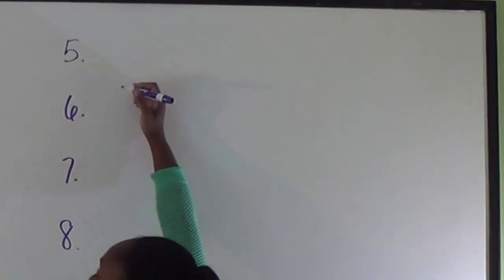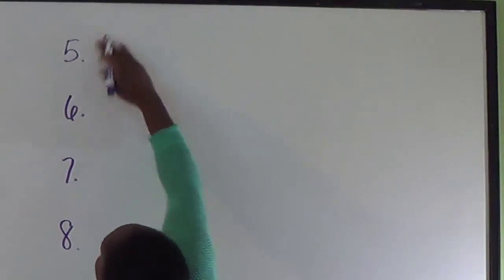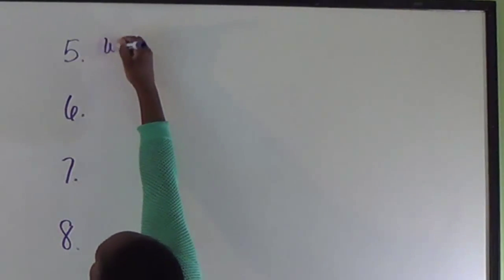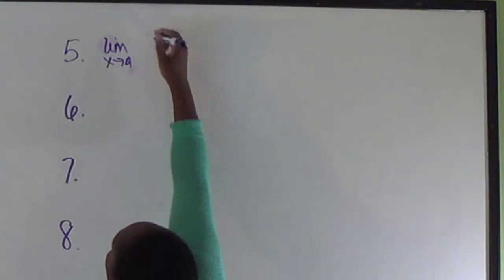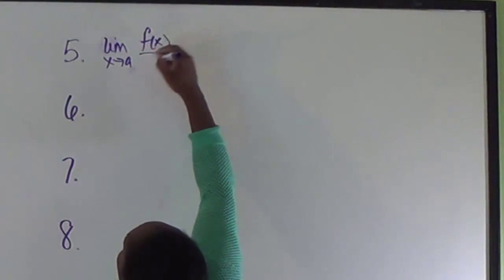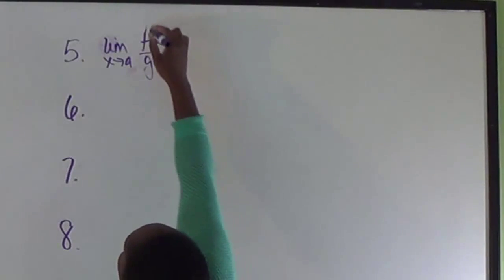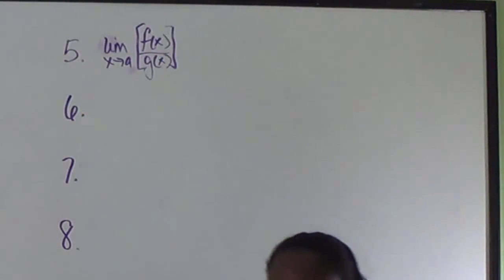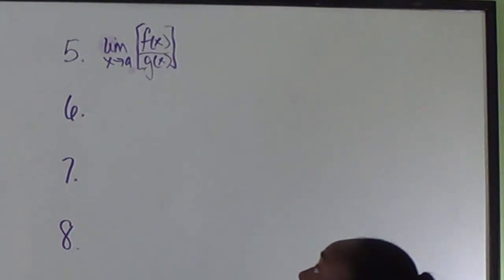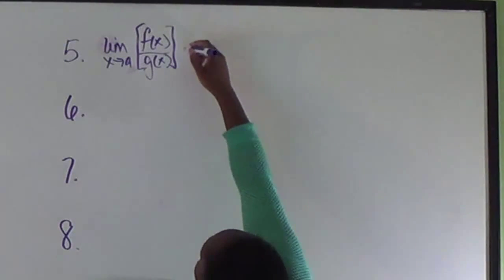Our last basic operation is division. If I look at the limit as x goes to a of an f of x over a g of x, and again here remember we're assuming both of these limits exist, but it didn't say what they had to be, so here we've got to be a little careful.